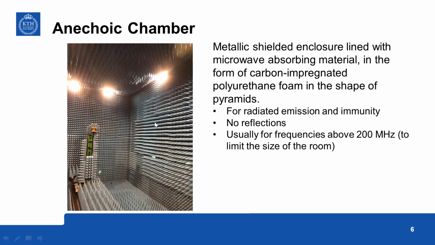But the cones of carbon impregnated material will absorb all the microwaves, and the cone shape is used because even if there are some reflections, they will be absorbed again between the cones, and it will minimize all the net reflections coming out from the walls. So you can consider that there are no reflections.